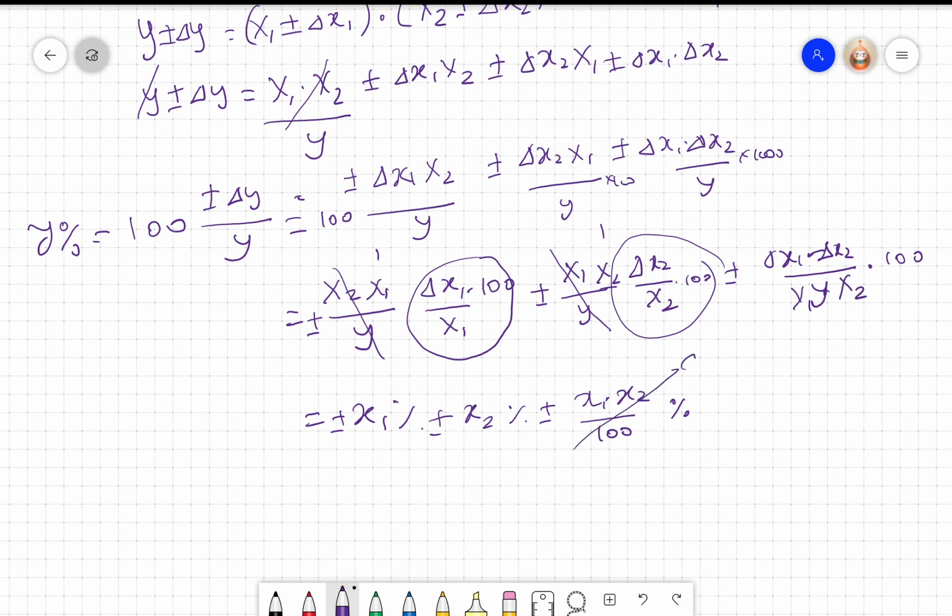So we can say approximately equal to 0. So I can write this as plus or minus of x1% plus x2%.